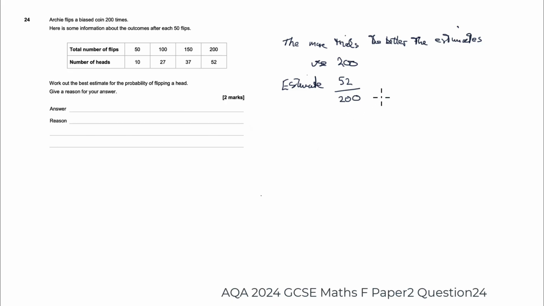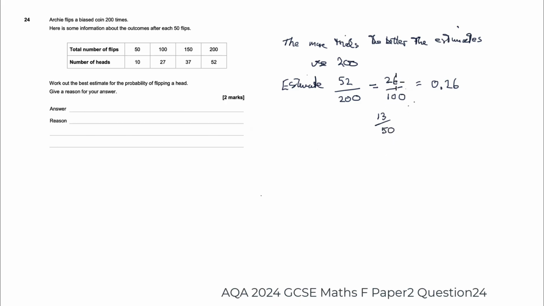Now that's not the way that we usually present probabilities. Usually as a decimal, it's a number between 0 and 1, or a fraction that's cancelled down. Now you do have calculators, so you can go 52 divided by 200, but if we halve top and bottom, we get 26/100. So that would be 0.26, or 26 hundredths, or 13 50ths if we cancel down completely.